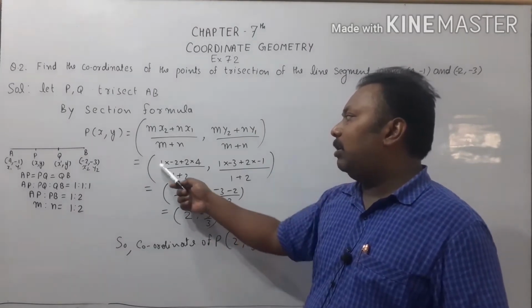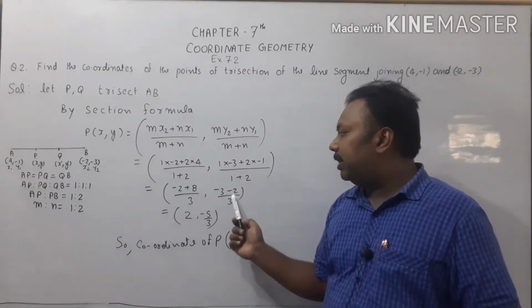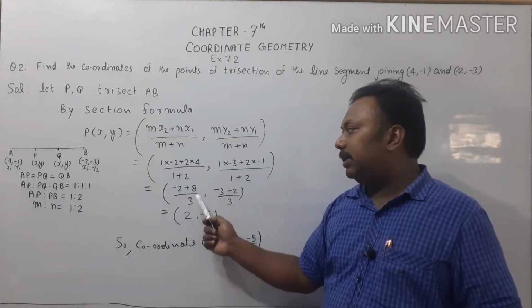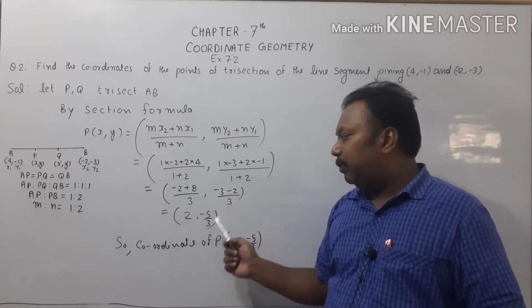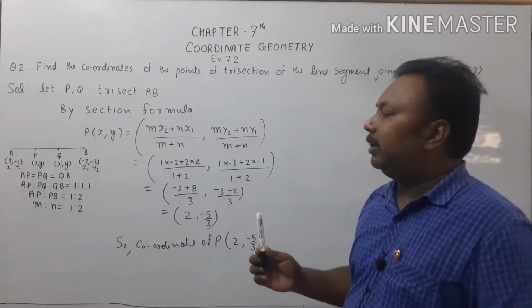So we solve: -2, 4 twos are 8, 8 minus 2 that is 6, 6 upon 3 is 2, and -5 upon 3. So the coordinate of P is (2, -5/3).